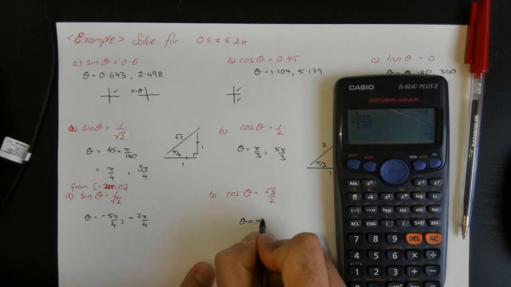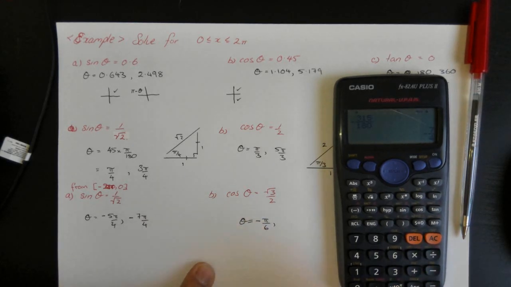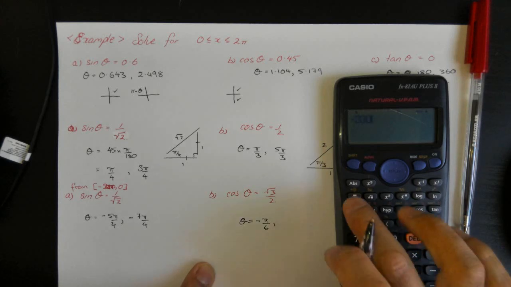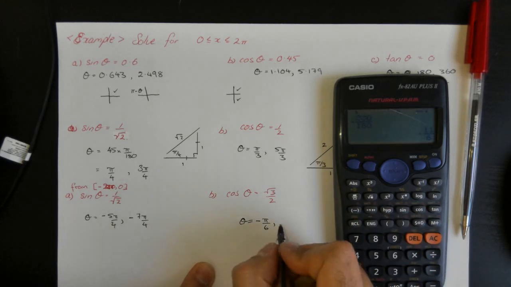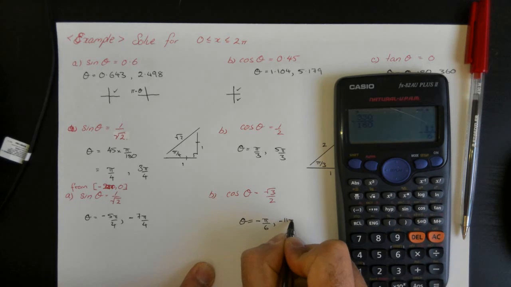Negative 30 is negative pi on 6. And negative 330 is negative 11 pi on 6.